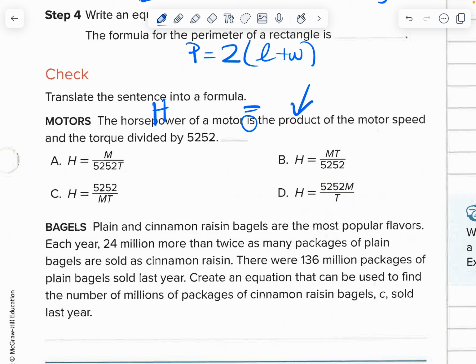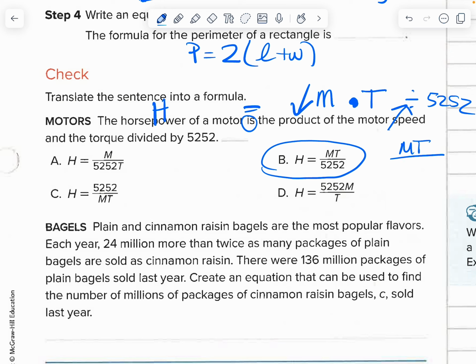Product means we're going to multiply the motor speed and the torque. So motor speed and torque. And then we're going to divide that by 5,252. Well, which one looks like that? This one right here. Because remember that dividing can also be written as a fraction, dividing by 5,252.